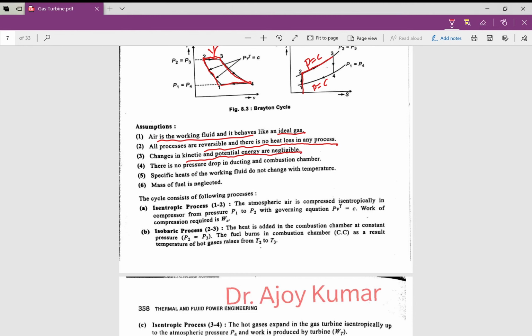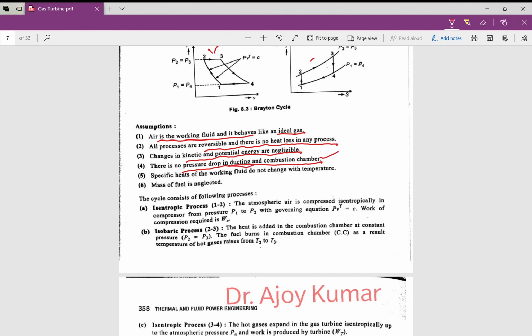There is no pressure drop in ducting and combustion chamber. In fact, actually there is a pressure drop in processes 2-3 and 4-1 also, but the assumption made here is theoretical, that there is no pressure drop in ducting and combustion chamber.